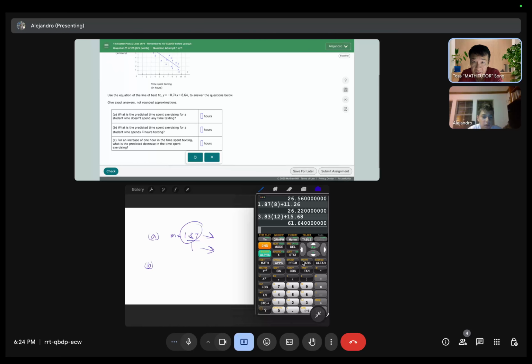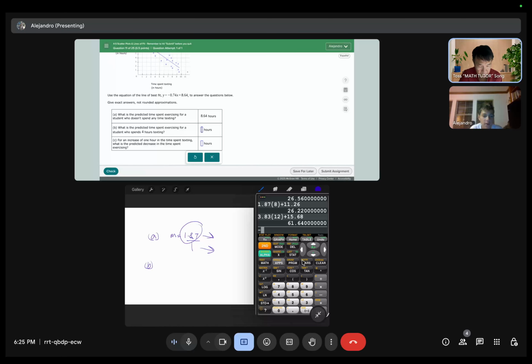That means it's just going to be the beginning value, 8.64 hours. What that means is you don't text, you spend all the time exercising.